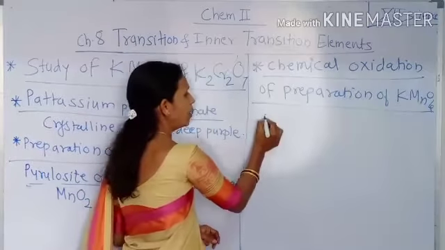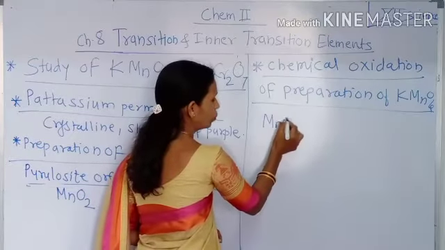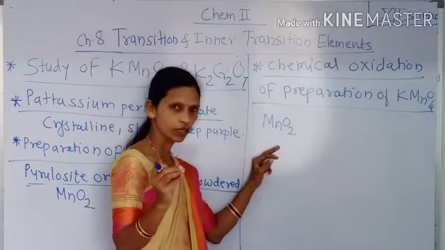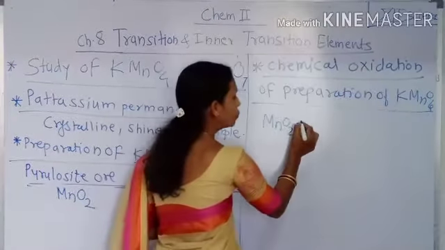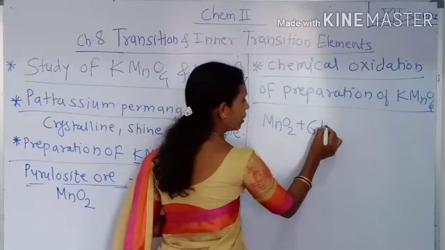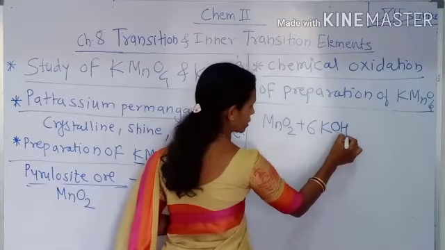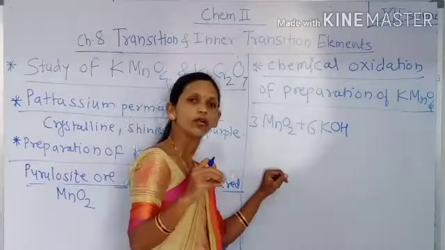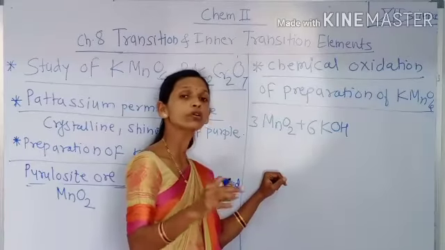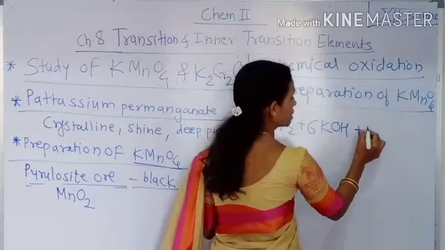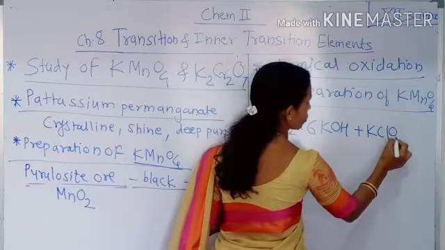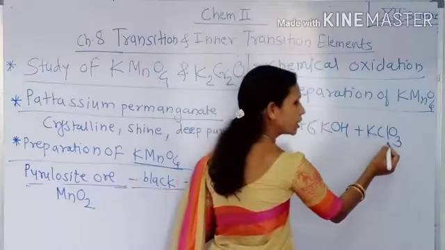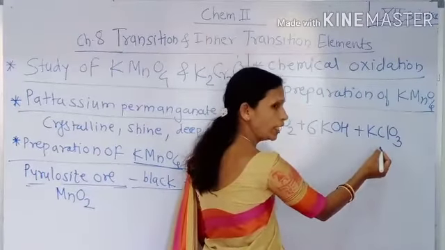First, the finely divided MnO2 powder is fused with caustic potash, using a strong oxidizing agent like KClO3, that is potassium chlorate.